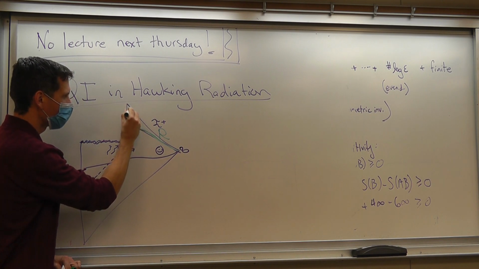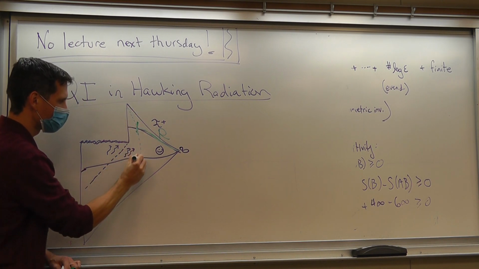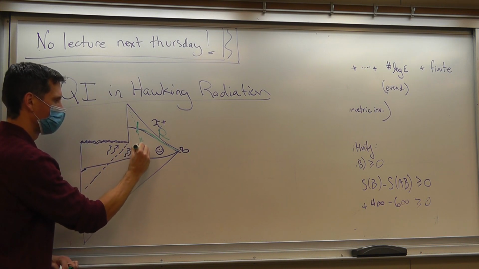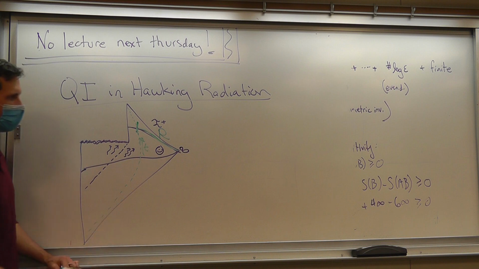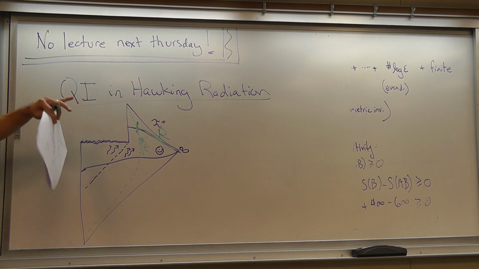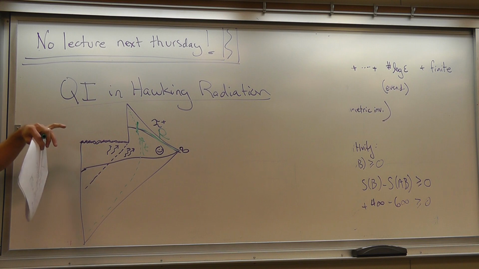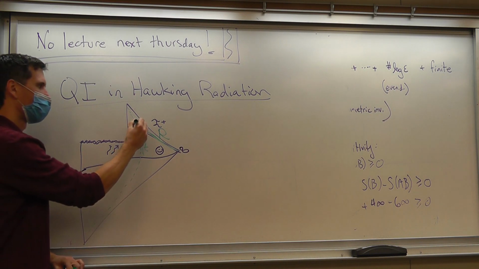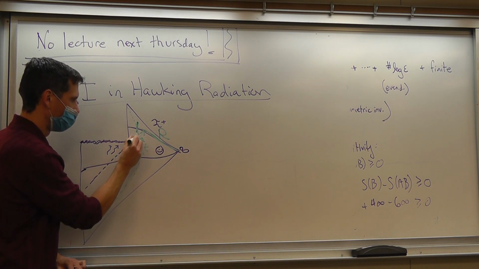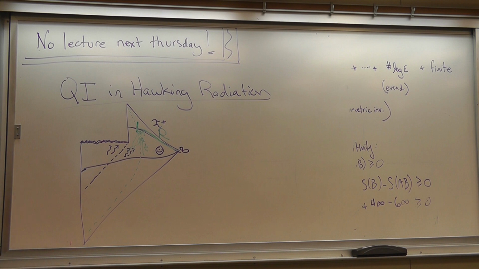So if you like, you could think of putting sort of an imaginary line here. So there's a T here that labels the endpoint of our region R. And if you have a bunch of Hawking radiation collectors far away from the black hole, then you're collecting the radiation in region R that's coming out from the black hole. Okay.